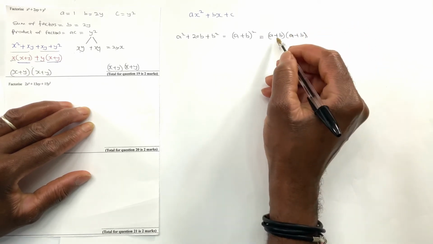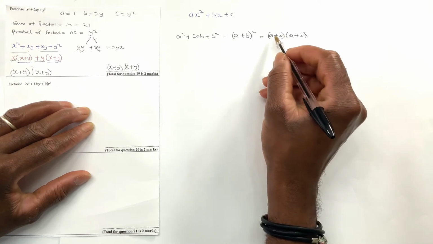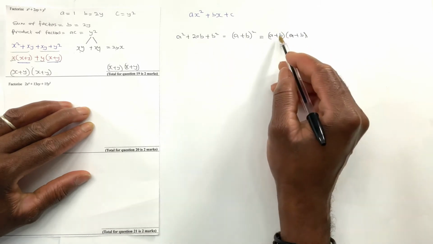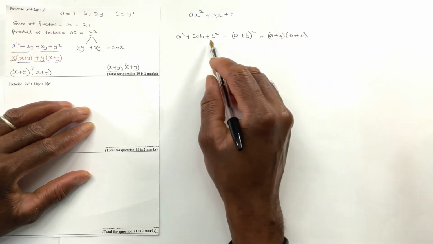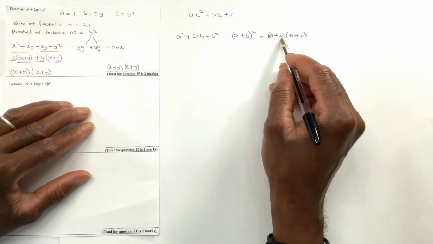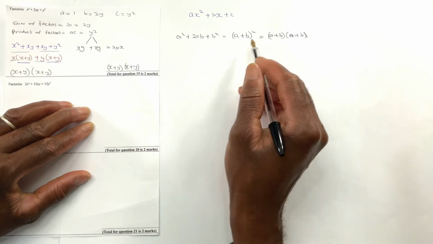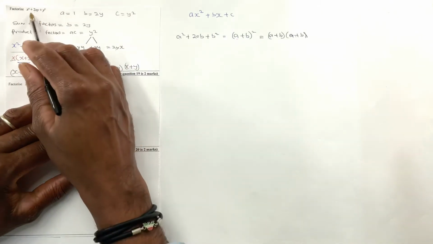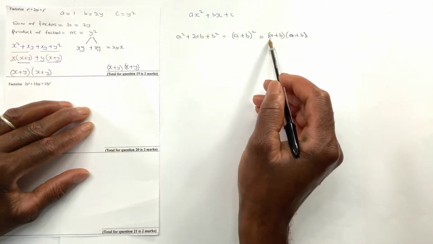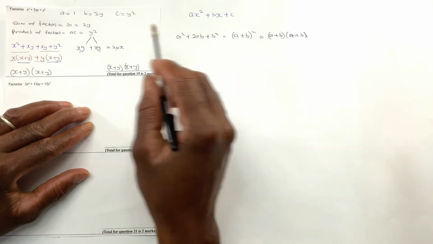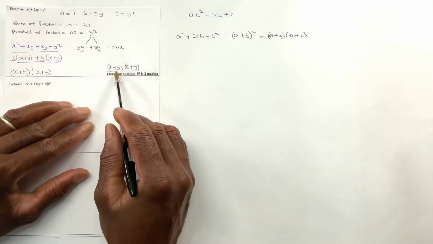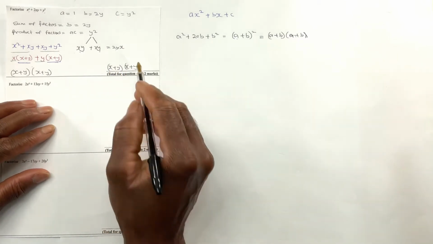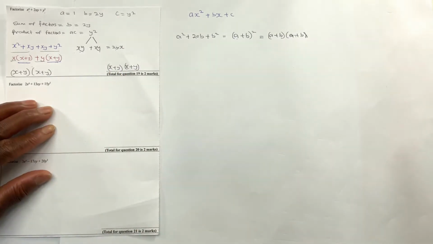As you can see, if we expand that, a times a squared, a times b, ab, b times a, ab, that's why it's 2ab, b times b, b squared. Same thing with this one, where a is x and b is y. So you get the same thing, x plus y, which is basically x plus y squared.